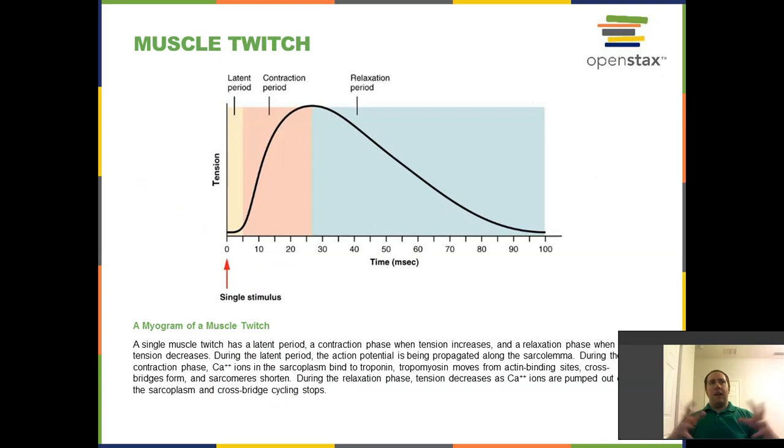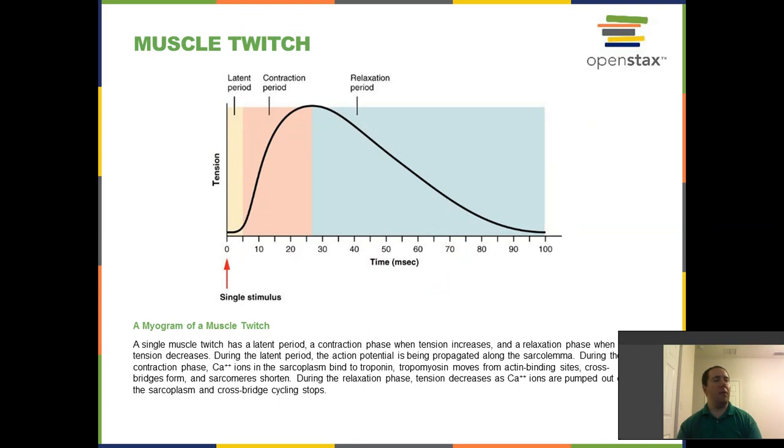Now, if we look at how these protein contractions influence the contraction of a muscle, we can make a muscle twitch graph. What you're looking at here, on the x-axis, is time measured in milliseconds. A millisecond is 1/1,000th of a second.